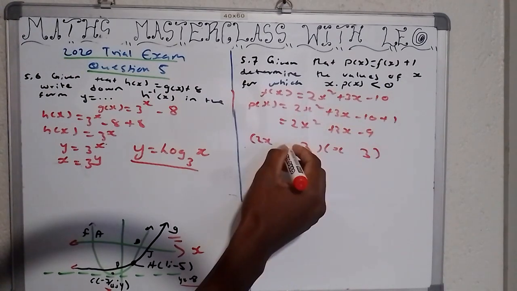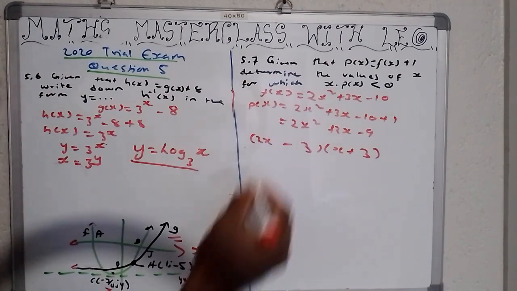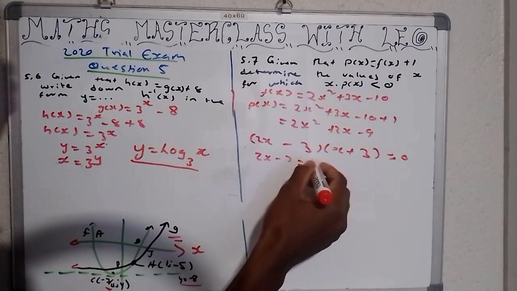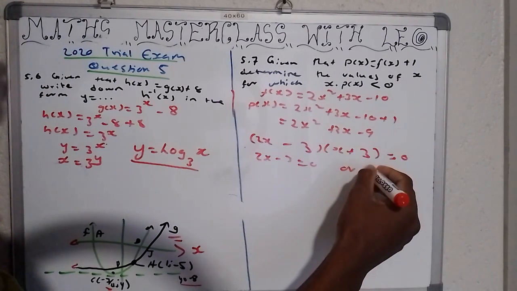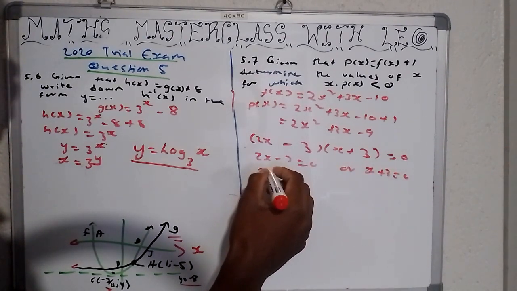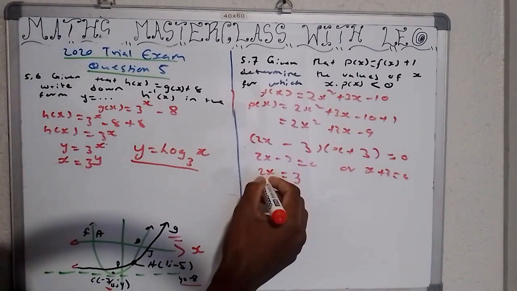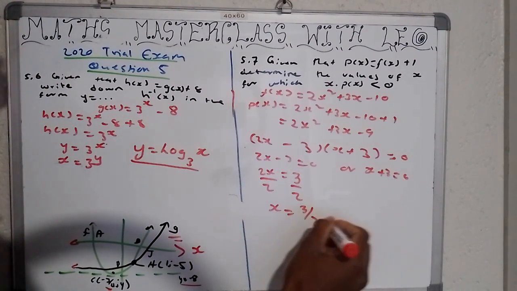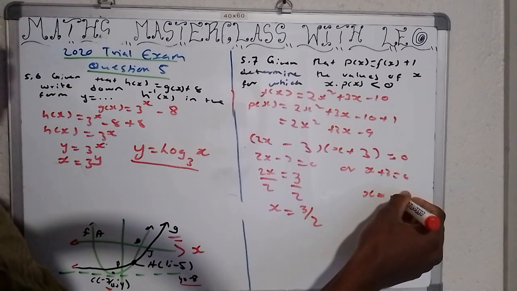This one is positive, this is negative. This is equal to 0. Then 2x minus 3 is equal to 0, or x plus 3 is equal to 0. 2x is equal to 3, divided by 2, x is equal to 3 over 2. x is equal to negative 3.